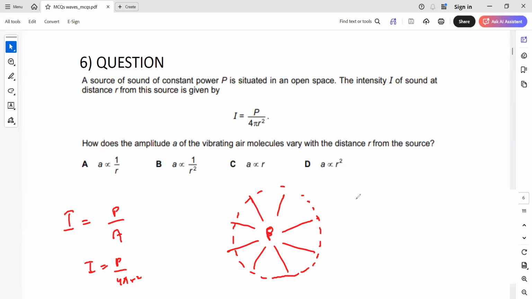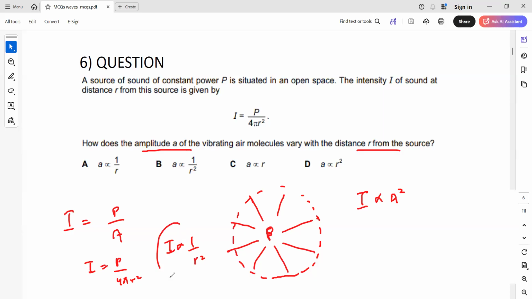And what is the relation between intensity and amplitude? Intensity is directly proportional to amplitude squared. So the question is, how does the amplitude vary with the distance? One formula: if we have a constant power, intensity is inversely proportional to r squared.